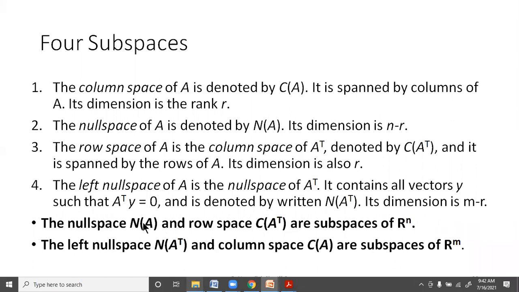When we find the null space of a matrix, we have unknowns x1, x2, x3, and that corresponds straight away to R to the power N.